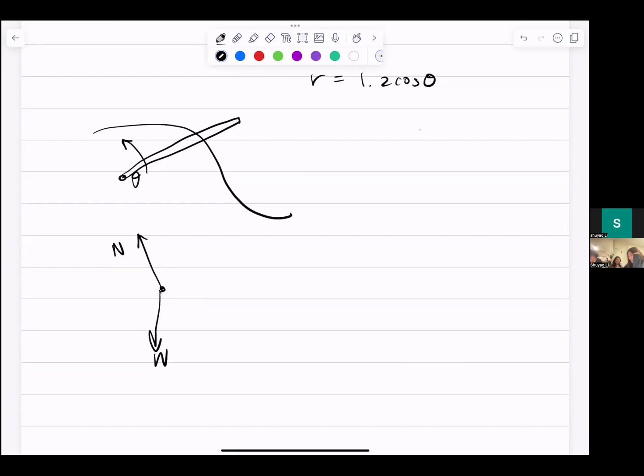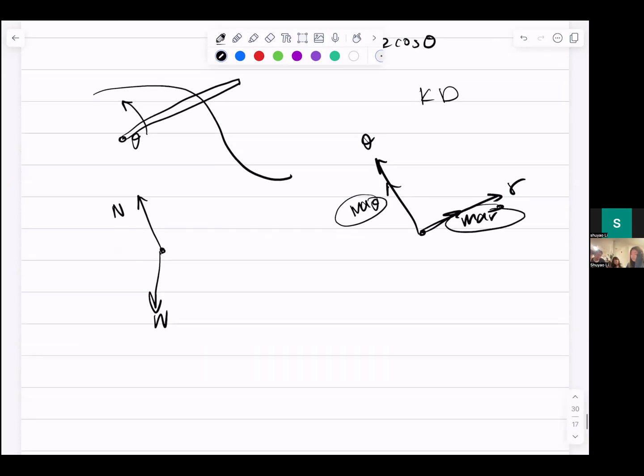And we can also draw a kinetic diagram. We have a radial component and a transverse component here because our theta is changing with respect to time. So we can model this. We are going to have an acceleration, a radial component for the acceleration and a transverse component for the acceleration. We need these in order to solve for the forces.